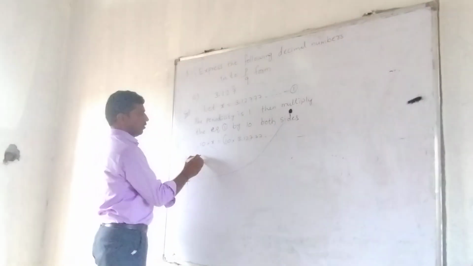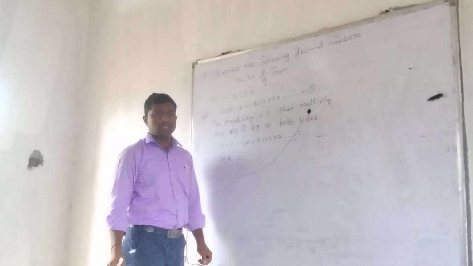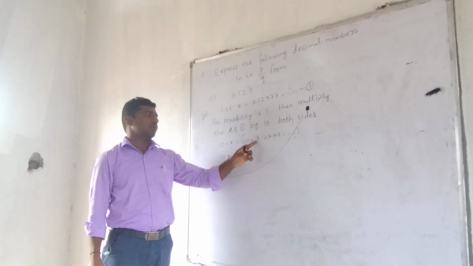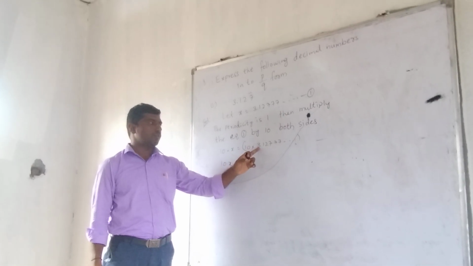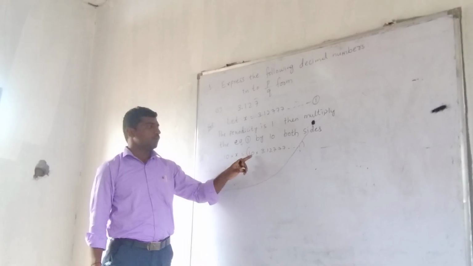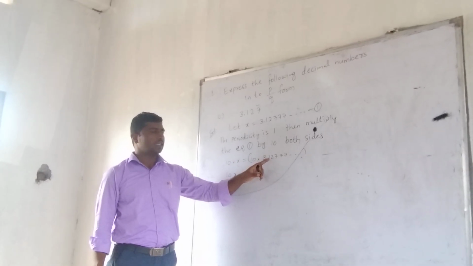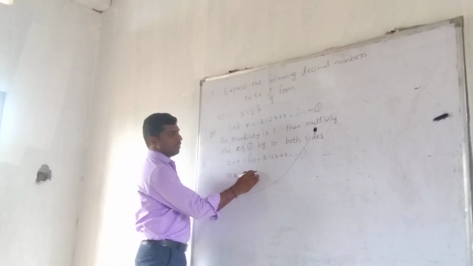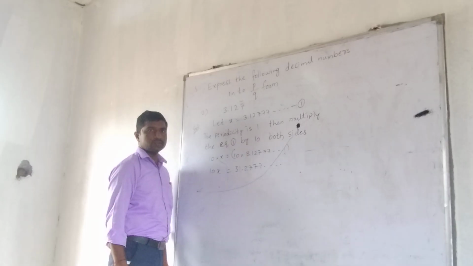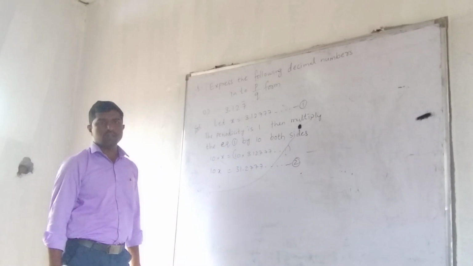So now 10x equals, we are multiplying by 10 here, so the decimal point shifts: 3.12777 becomes 31.2777... This is equation number 2.